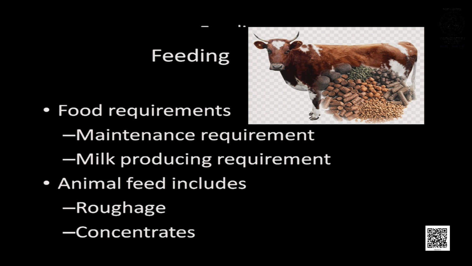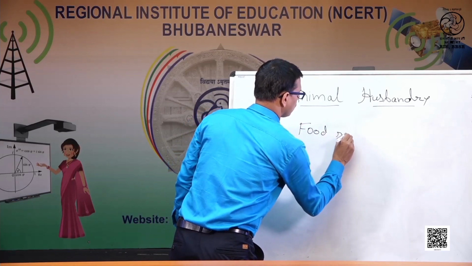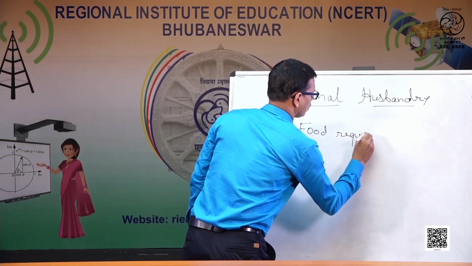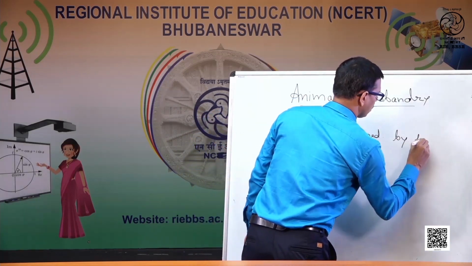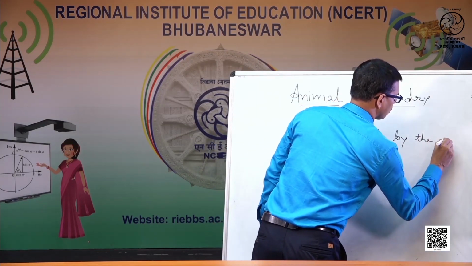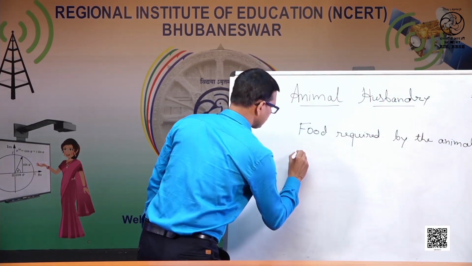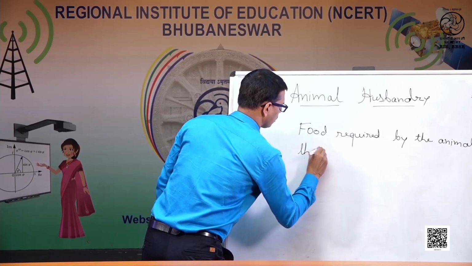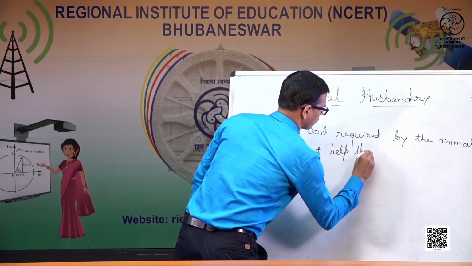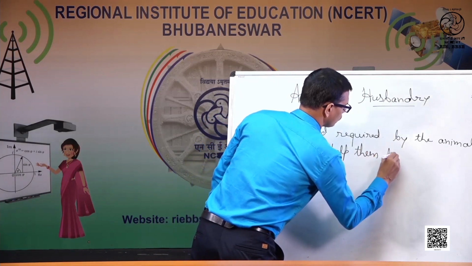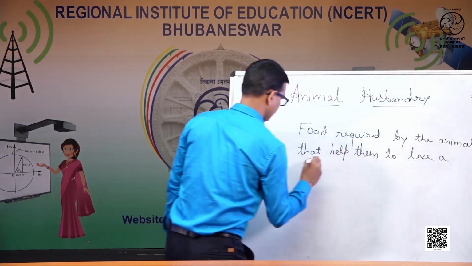First one is maintenance requirement, that is food required by the animals that helps them to live a healthy life.